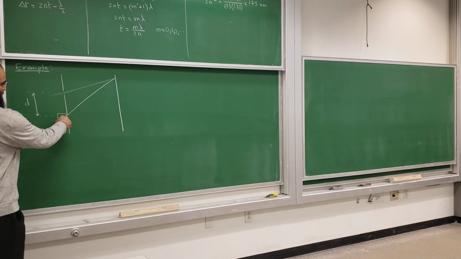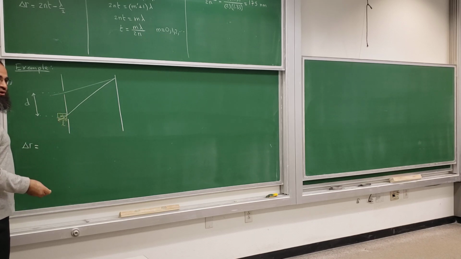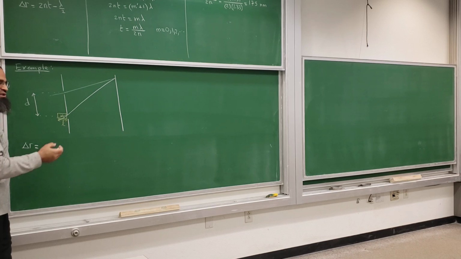First of all, this one traveled L, this one traveled L, but it's in a material of index of refraction N. So what's the effective length here? Is it just L or more? More. L times N, or NL.